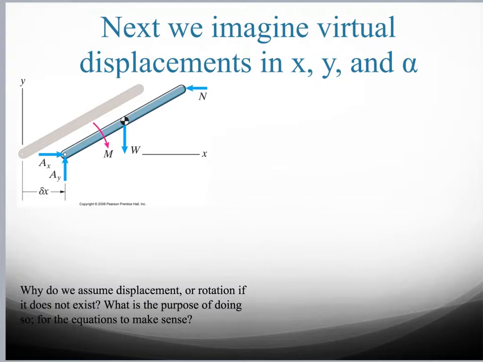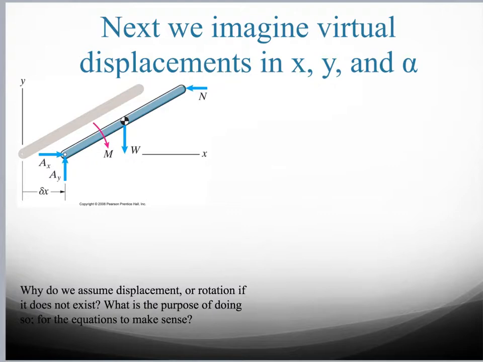Someone said, why do we assume the displacement? It's really just the nature of this technique, that we're using the idea that if the object's in equilibrium, no work could be done on it because the forces would cancel out. And so it gives us another way to get at the relationship between the forces.